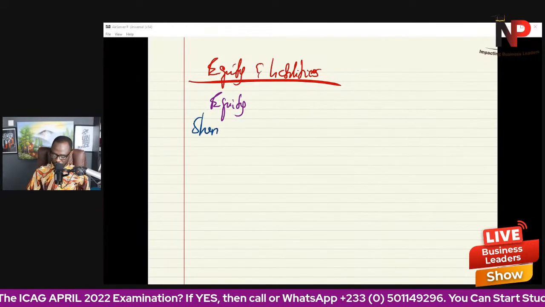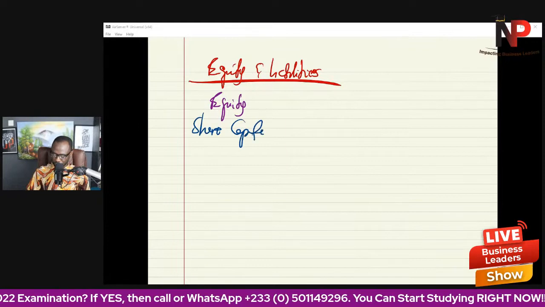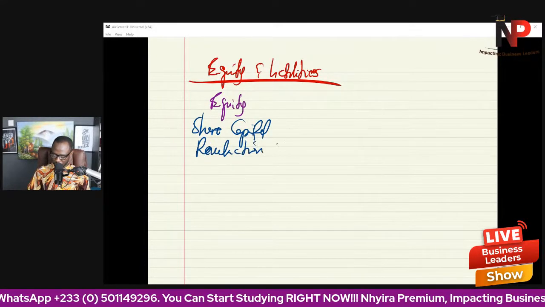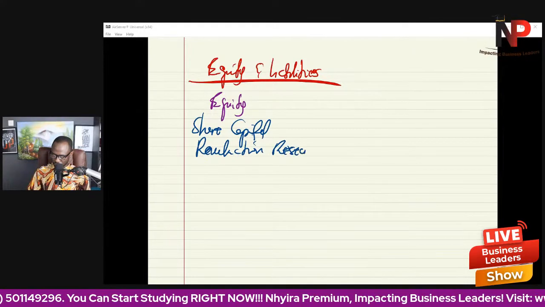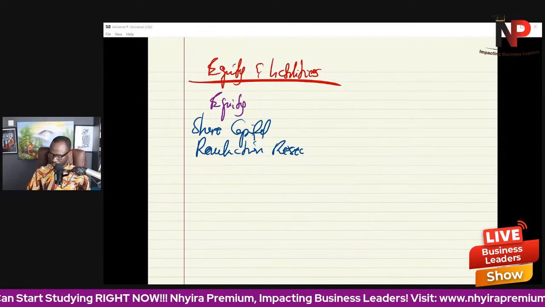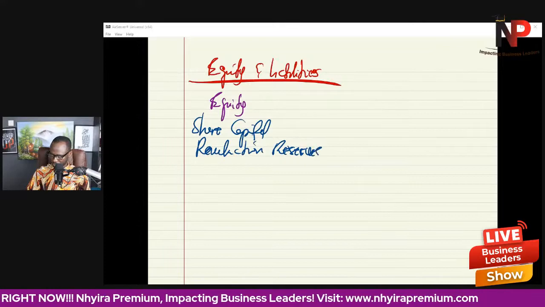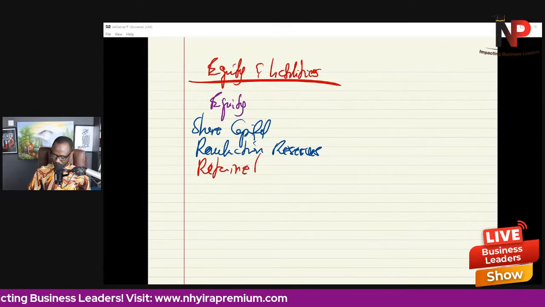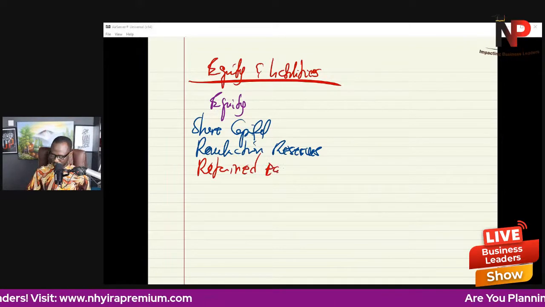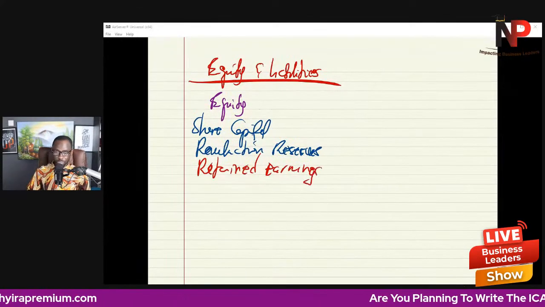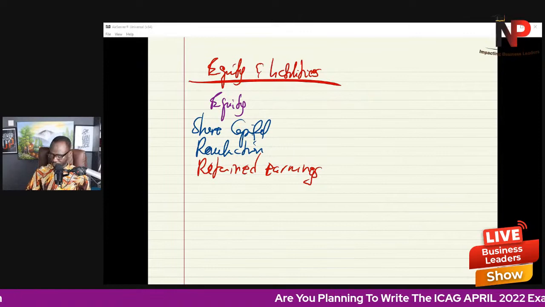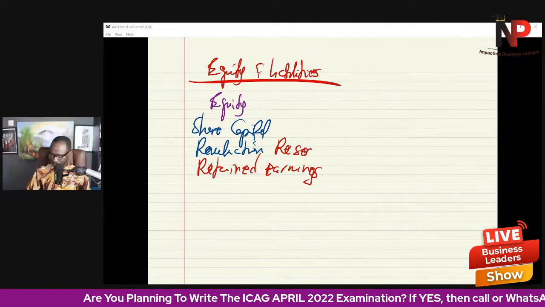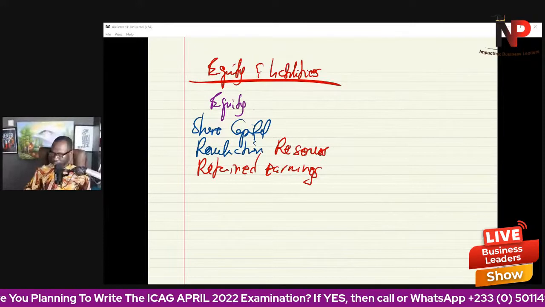So share capital, revaluation reserves, and then retained earnings. So from the B aspect of the question, you are picking these things up. So let's go pick it up again.